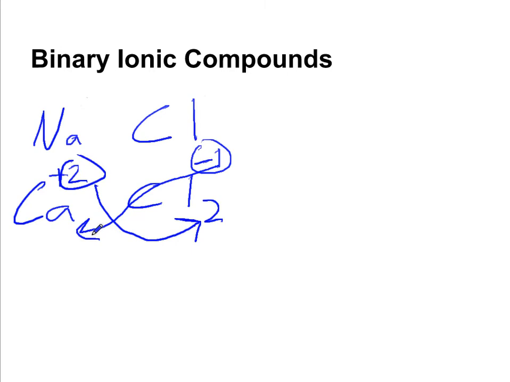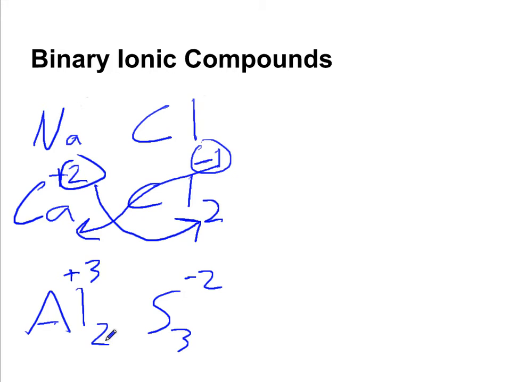That becomes more handy when you're dealing with something like aluminum sulfide, which is an aluminum ion and a sulfide ion. Aluminum has a charge of +3, and sulfide has a charge of -2. Using that crisscross method, we're just going to take this 3 and put it down here as a subscript for sulfide, and this 2 goes here after aluminum.